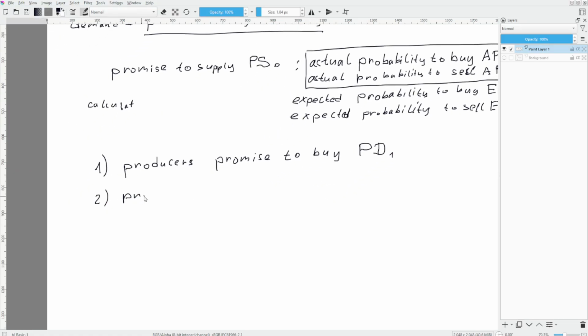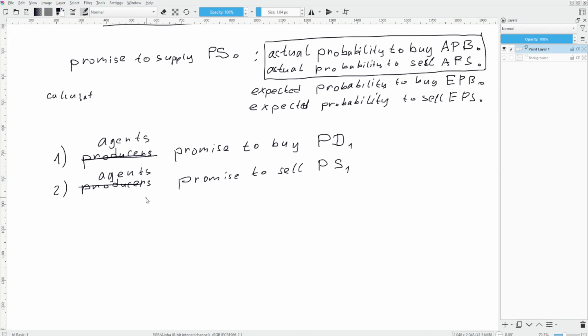Then agents promise to sell a certain amount. I say agents in a more general way, because not every consumer is a producer, and it's easier to talk about it that way.